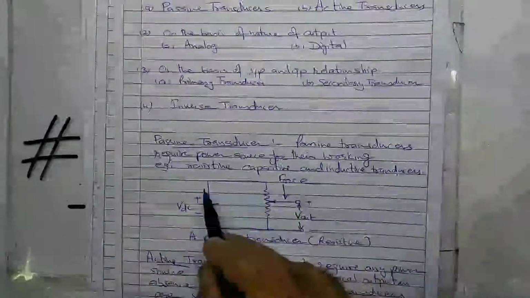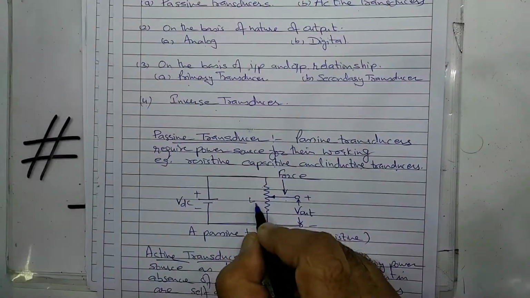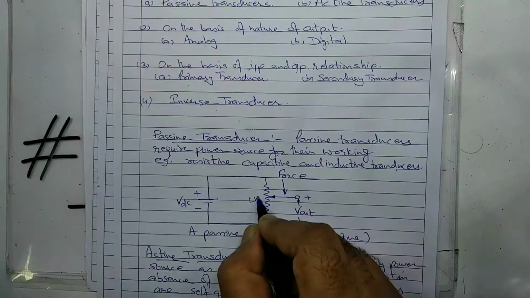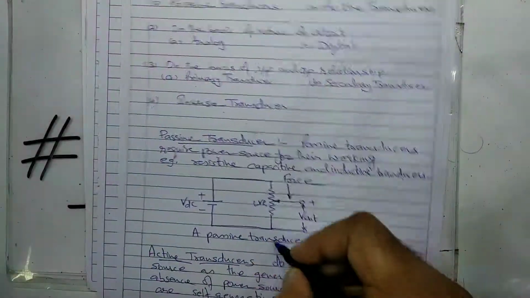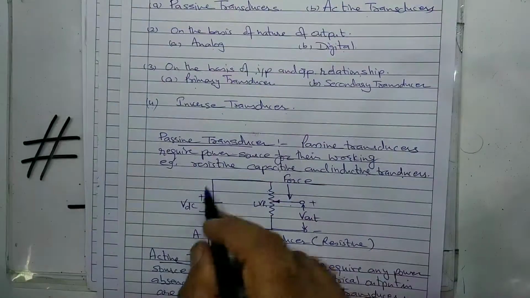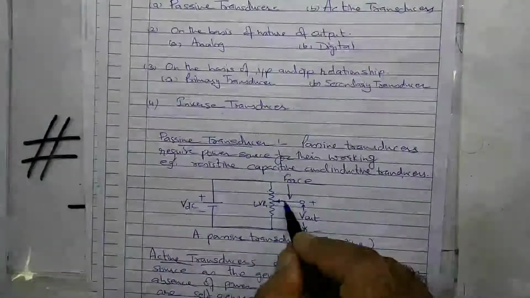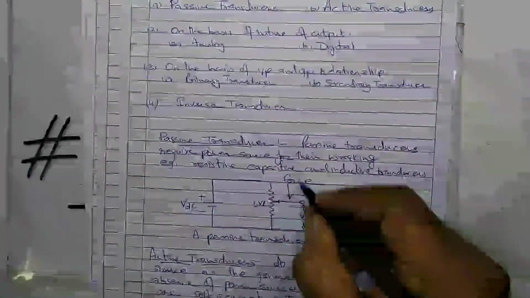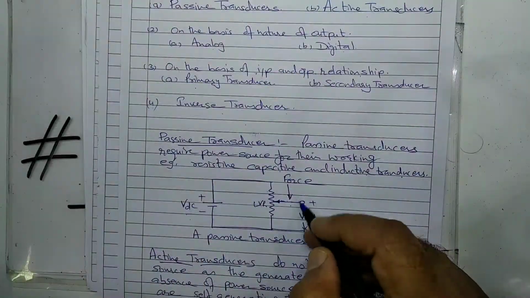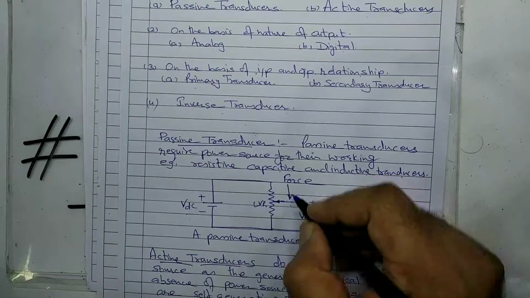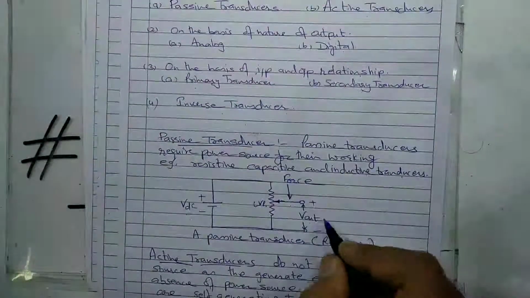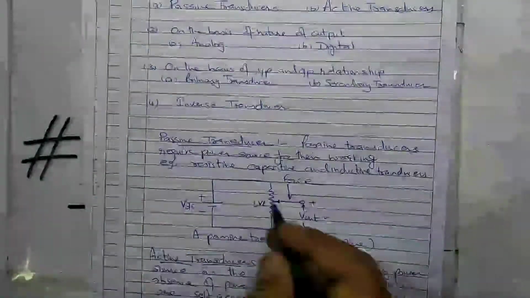As we can see from the circuit here, this is a linear variable resistor which is connected to a DC source, and this wiper is connected to the force, that is the input parameter. According to the force, it will change the position and the output will vary accordingly.